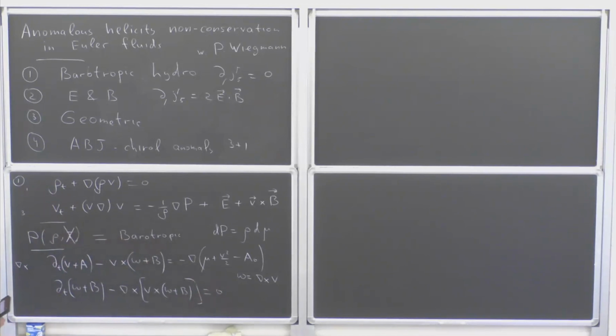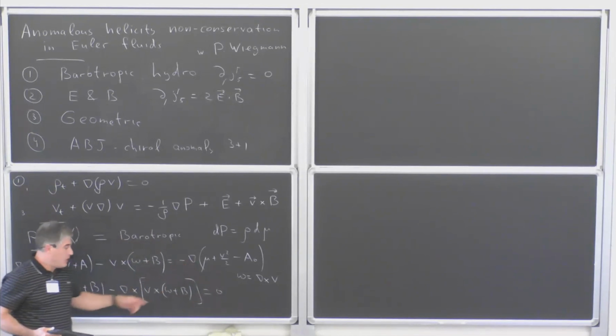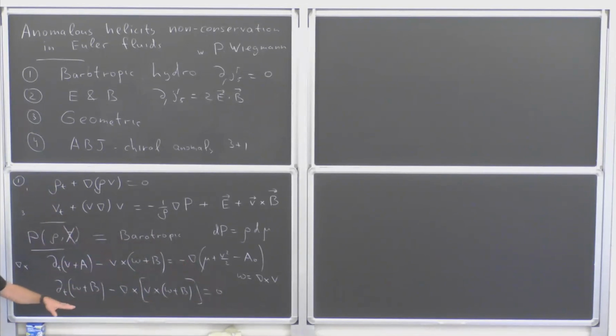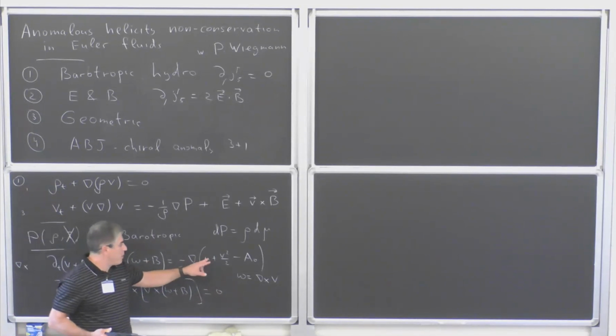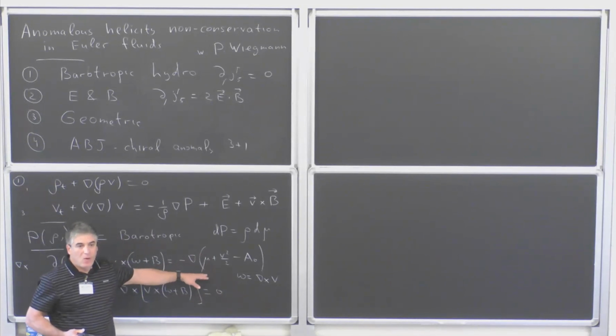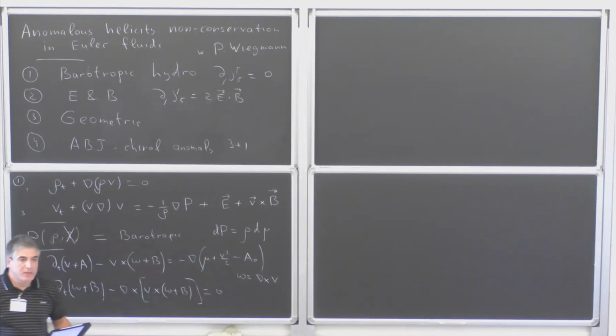As I said, this is a very important property of barotropic dynamics because this is a complete gradient. So when I take a curl, it disappears. So this equation written on vorticity plus magnetic field already does not know anything about peculiarities of the matter. All parts specific to matter disappeared.